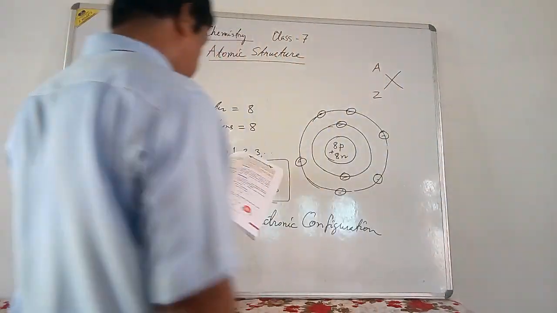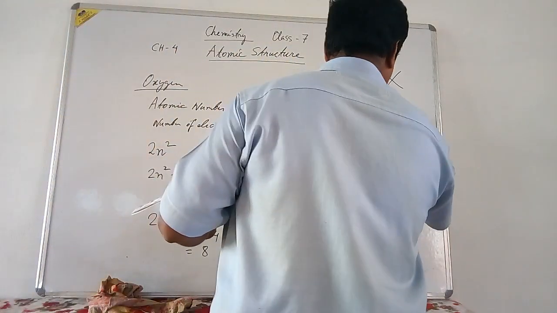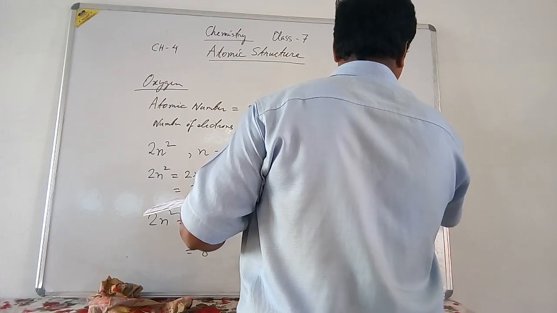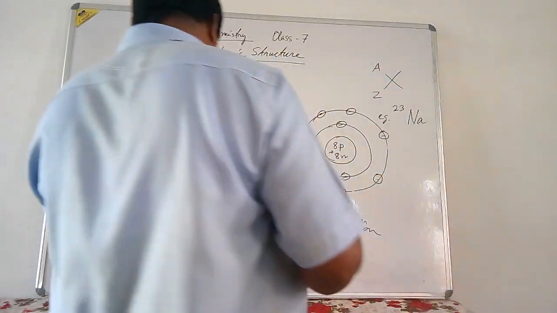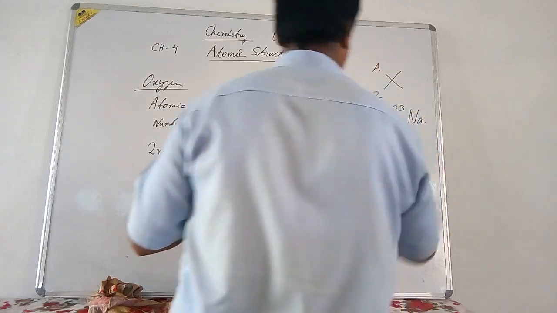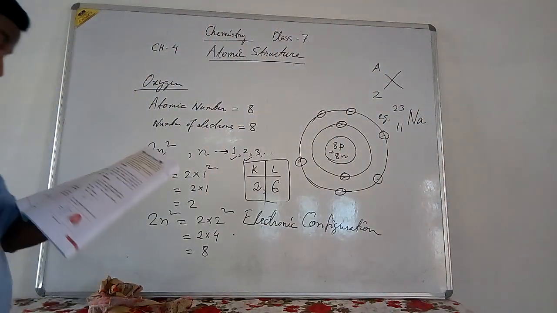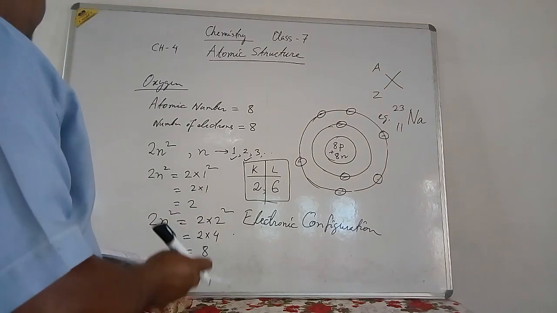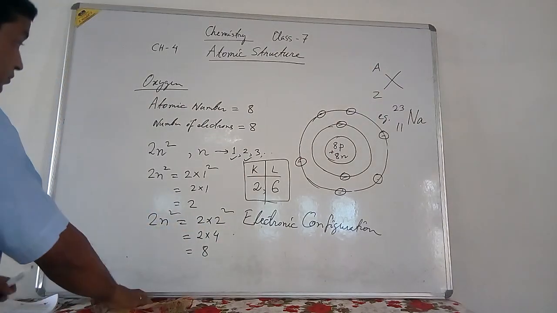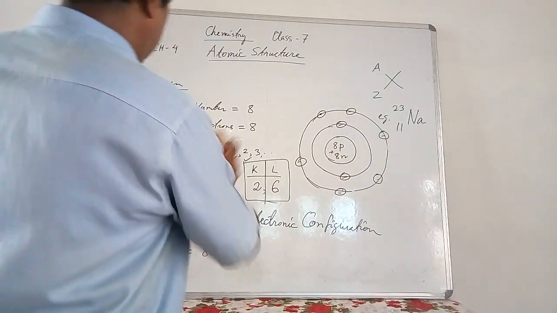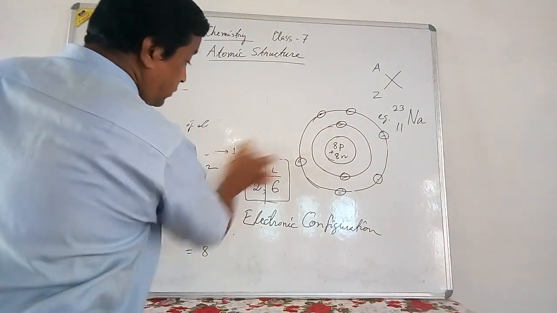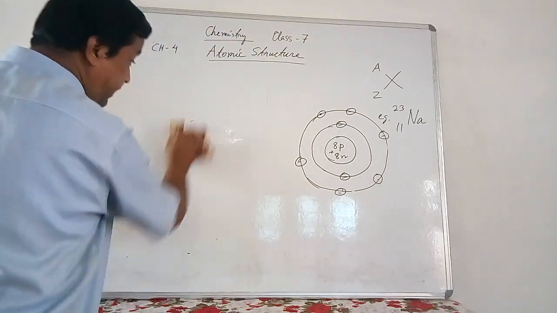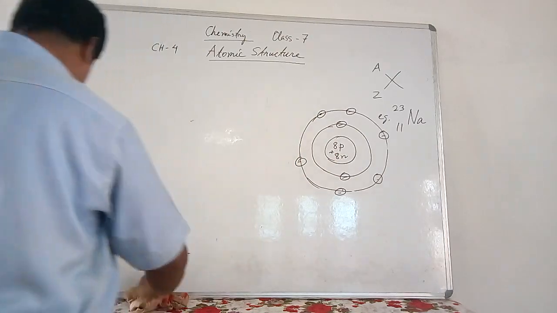For example, if we take sodium, the mass number is 23 and the atomic number is 11. From this mass number and atomic number, we can find out how many protons, electrons and neutrons are there in an atom of sodium.